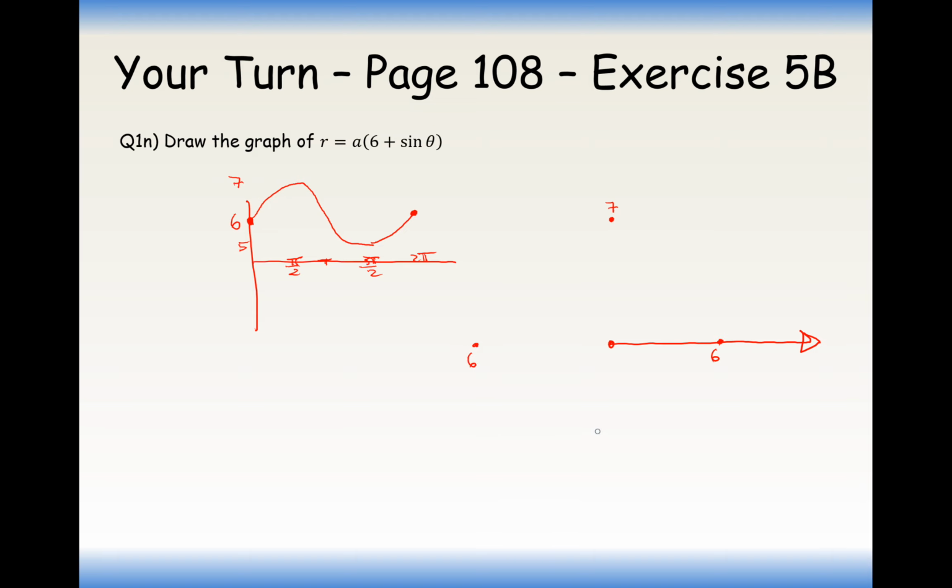And then it will move down to a radius of 5 down here. And it will move back out to a radius of 6 as I move round the circle. So it's going to look like this kind of shape here, where it looks more like an egg shape and not one with a dimple in, I don't think. You'll know exactly by the end of this chapter whether it will have a dimple or not, but this is the rough shape of this graph here.